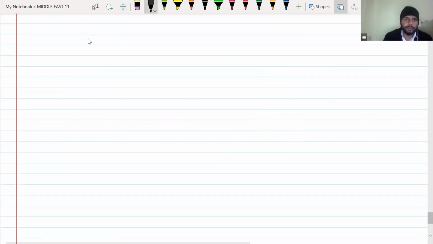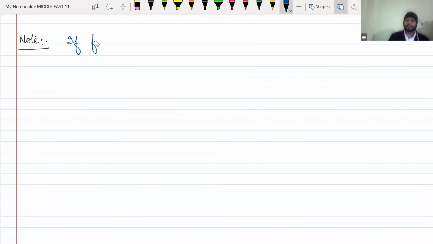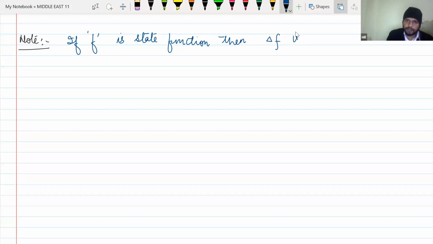This is a very important point. You can write it in your notes. I already told you that if f is a state function, where we discussed state function and path function, then delta f is 0 in a cyclic process.